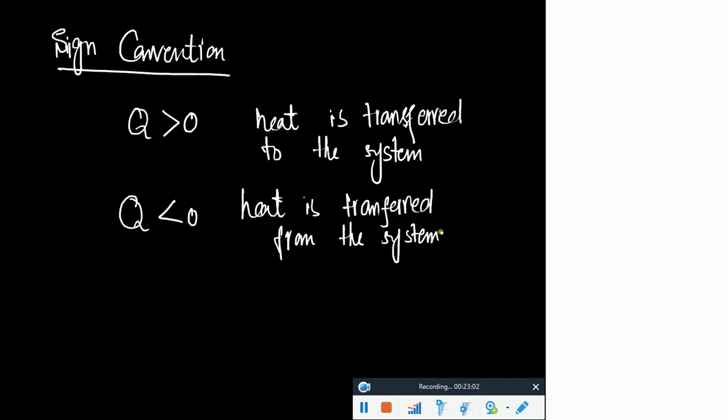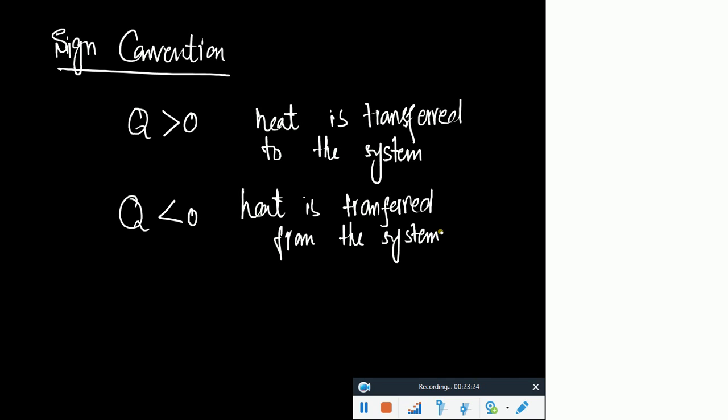Now, this is something which is very interesting again. That's why I did not use the word physical contact. I just ignored that word.